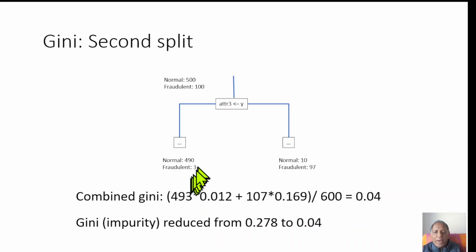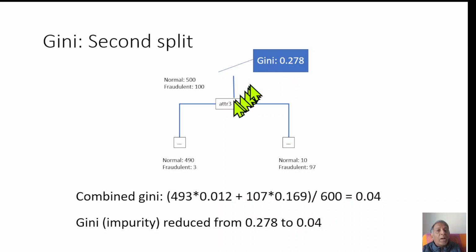And then we take the weighted average. Weight this Gini by 493, weight that Gini by 107, and the total combined Gini comes to 0.04, which is much lower than what we got for the earlier one, which was 0.278. Furthermore, remember the Gini for the root node was 0.278. And this split made the combined Gini 0.04.